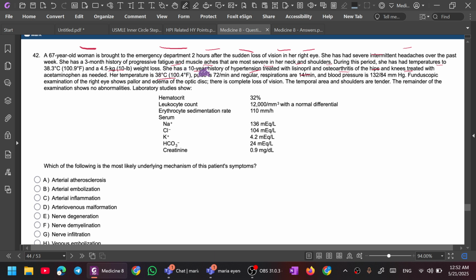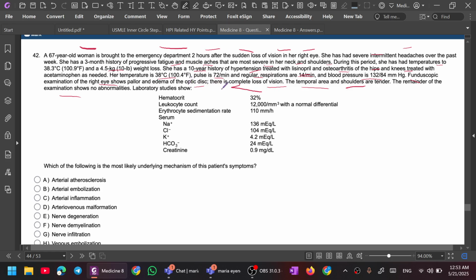Temperature is 100.4 degrees Fahrenheit, pulse 72, regular, respiration 14 per minute, blood pressure 132 by 84. Fundoscopic examination of the right eye shows pallor and edema of the optic disc. There is complete loss of vision. The temporal area and the shoulders are tender.